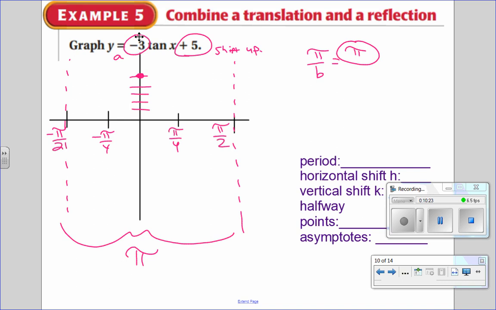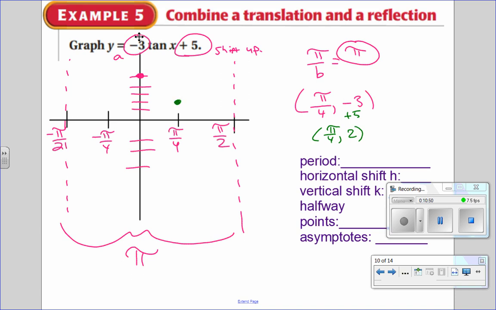Now, normally, you're at the halfway point, pi over 4 comma a, but this time, a is a negative number. So it's going to be pi over 4 comma negative 3 as the halfway point. Down here. Oh, I'm sorry, I forgot the up 5 shift. I have to add my 5, so my halfway point gets shifted up, so it's pi over 4 comma 2. There we are, 1, 2.